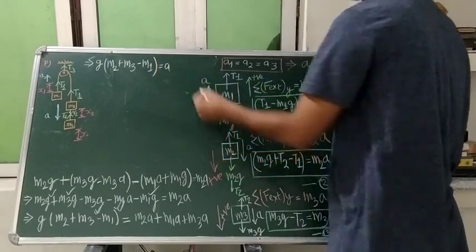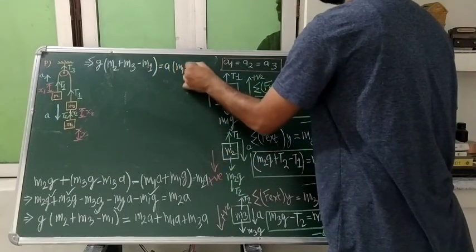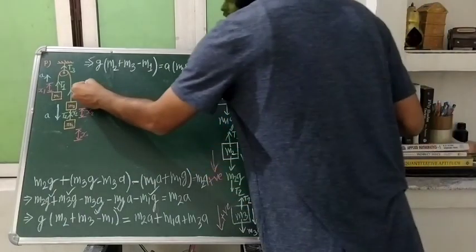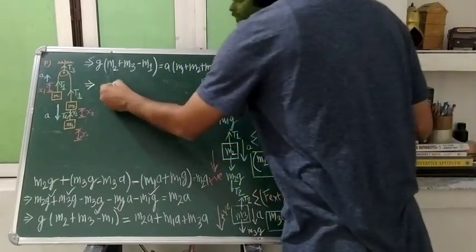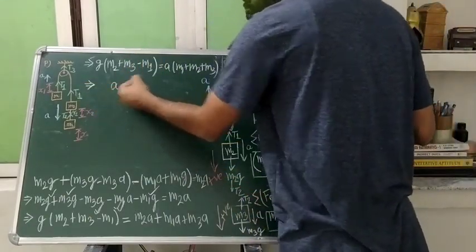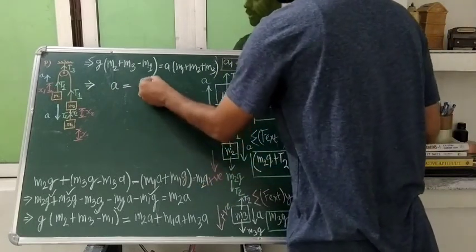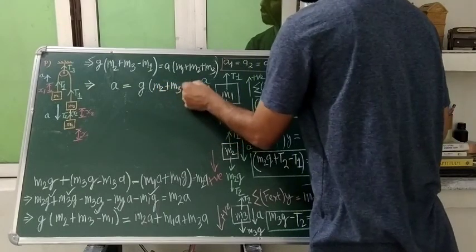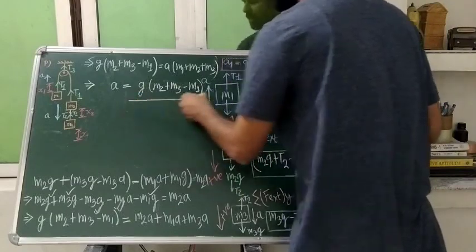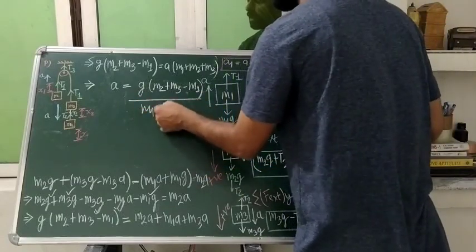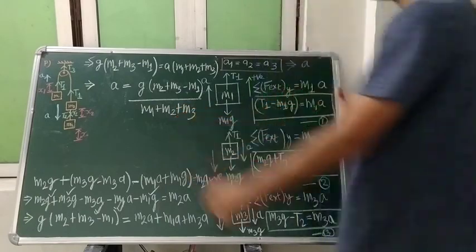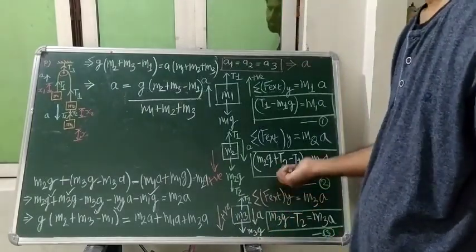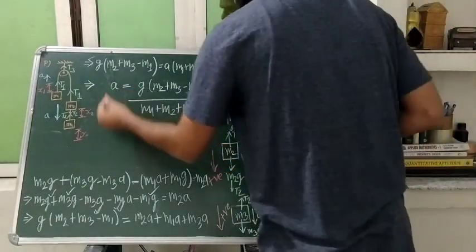If you take a common, it will be m1 plus m2 plus m3, which will give us the expression of acceleration, and that will be equal to g times (m2 plus m3 minus m1) divided by (m1 plus m2 plus m3). This will be our expression of acceleration.